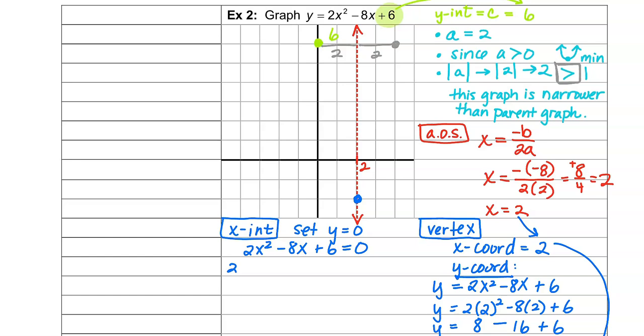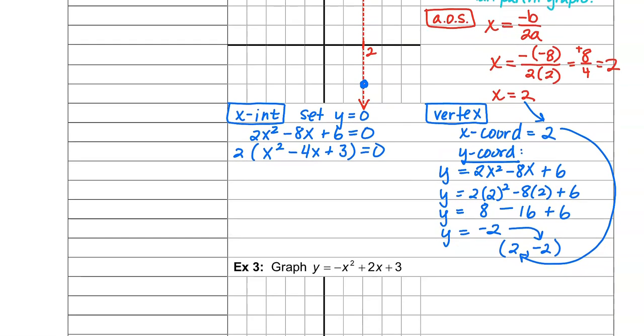They all are divisible by 2, so I'm left with x squared minus 4x plus 3. Oh, doesn't this factor nicely, you guys? x minus 3 times x minus 1, right? Factors of 3 that had to be negative 4. Is that correct? That's equal to 0.